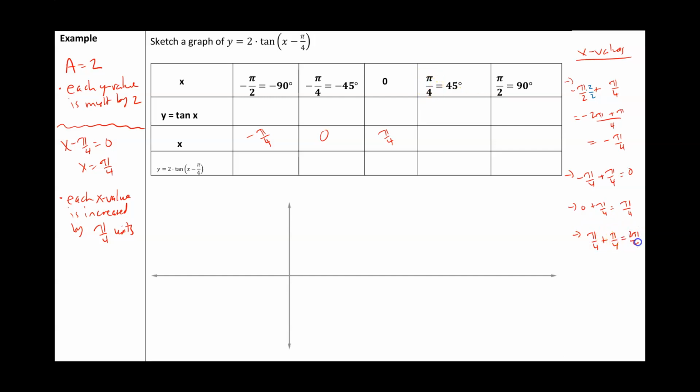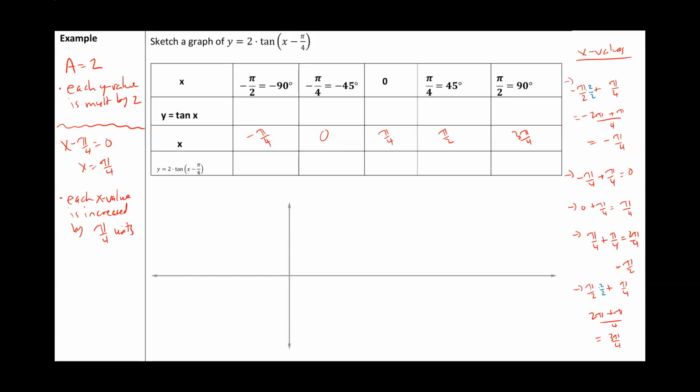This gives me 2 pi over 4, which is pi over 2. And then lastly, I have pi over 2, and I'm going to increase it by pi over 4. So if I get a common denominator, multiplying both of these by 2, I get 2 pi over 4 plus pi over 4, and this gives me 3 pi over 4. Those are my x values.